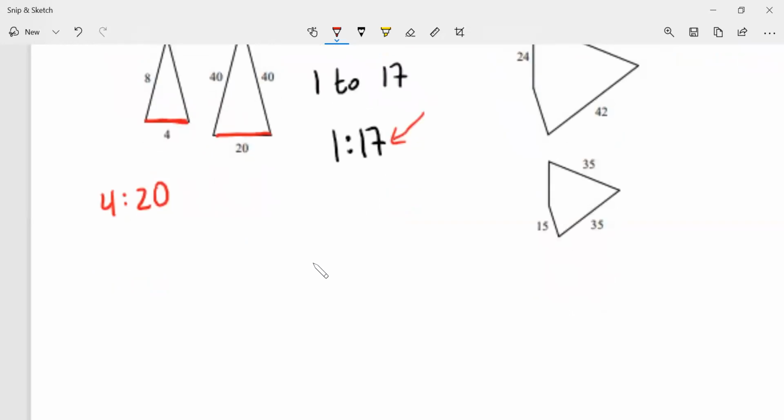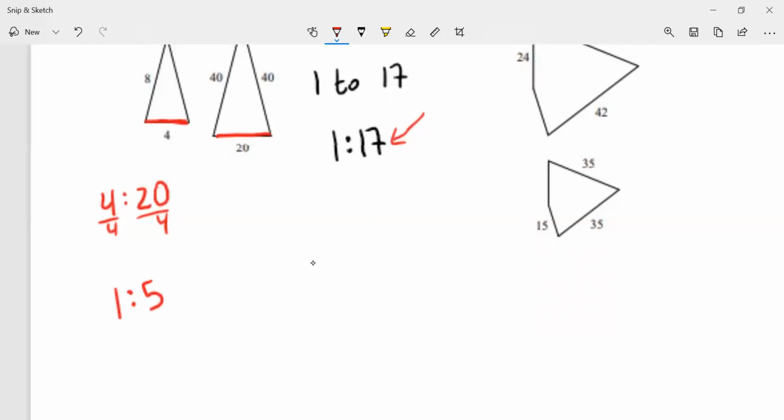Let me divide them by 4. I just chose a number that can be divided into both of them without getting decimals. I know 4 divided by 4 is 1, and 20 divided by 4 is 5. So my scale factor simplified to 1 to 5.